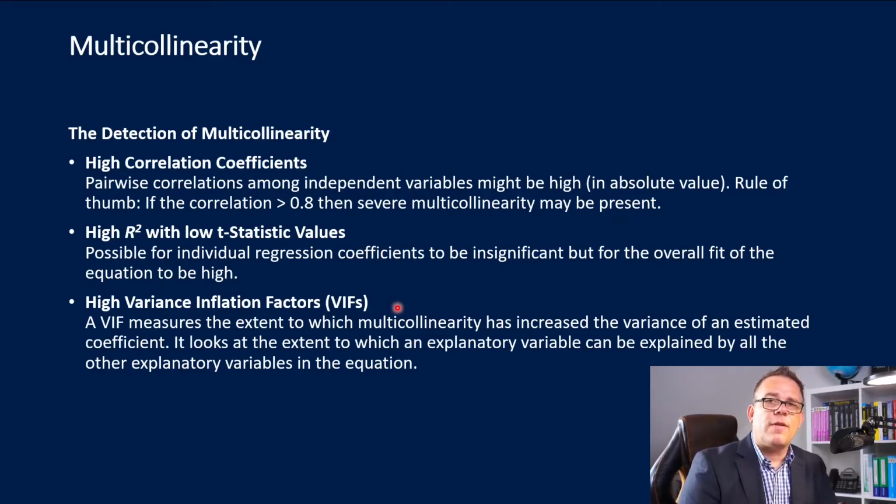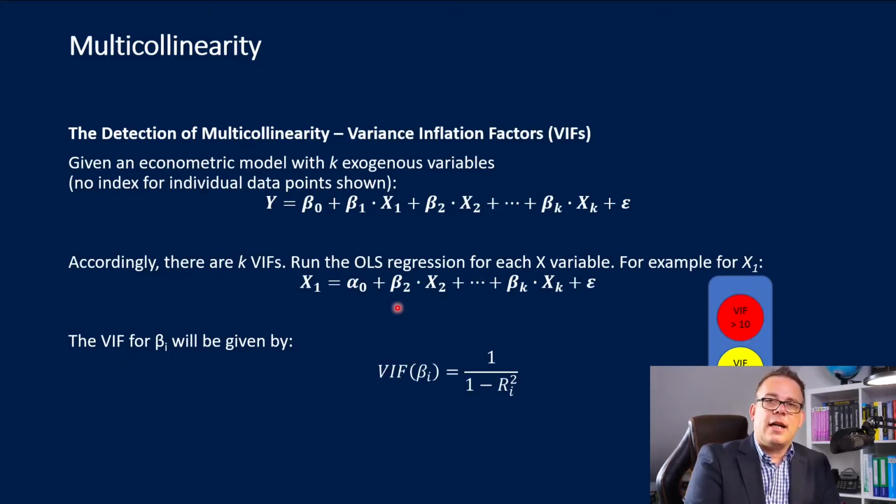Let me show you what variance inflation factors are. The idea of variance inflation factors is extremely simple. Let us assume this econometric model. In this econometric model, I left away all the indices indicating individual data points. So there's no index on epsilon, I just wrote epsilon here. The indices that you see number the variables.